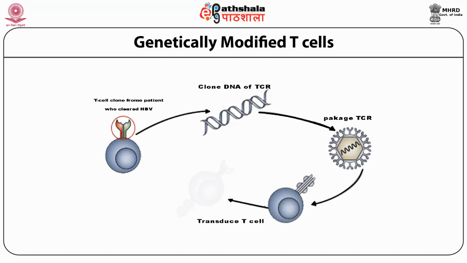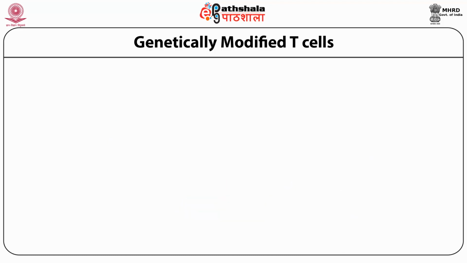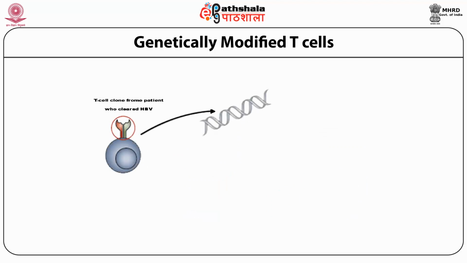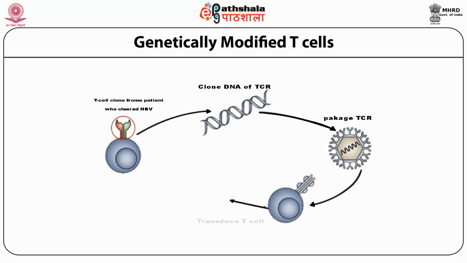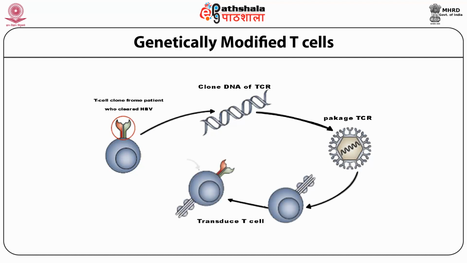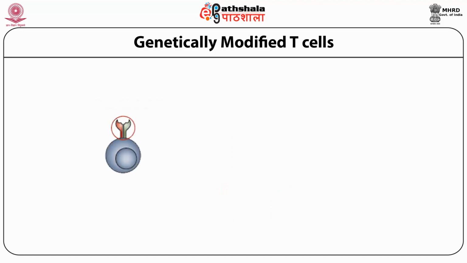Genetically modified T cells are cultured and made through a T cell clone from a patient who is already infected with HBV. Now this cloned TCR DNA, or T cell receptor DNA, is packaged into another virus, and this virus, which carries the genetically modified T cell receptor, is transduced into normal T cells.